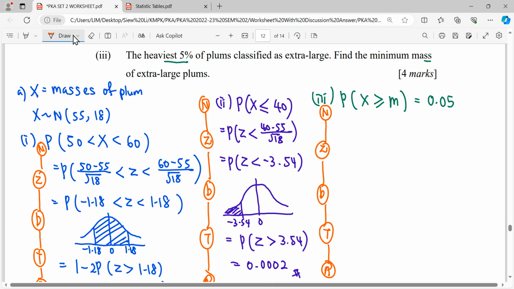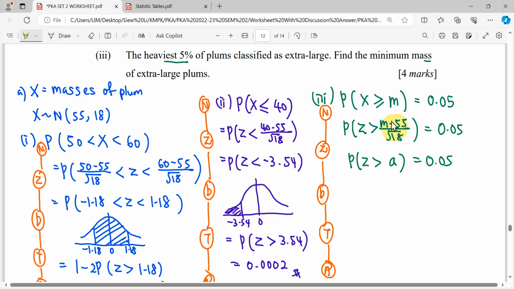To proceed with this question, we need to change it to Z. The procedure is the same: minus mean over standard deviation. Write your probability together because the probability is given. Then we denote this Z score that we don't know as A.